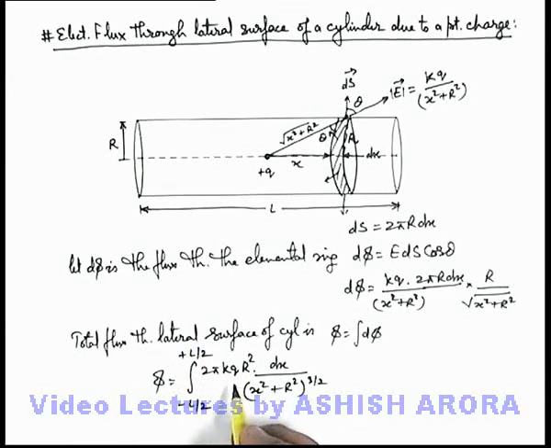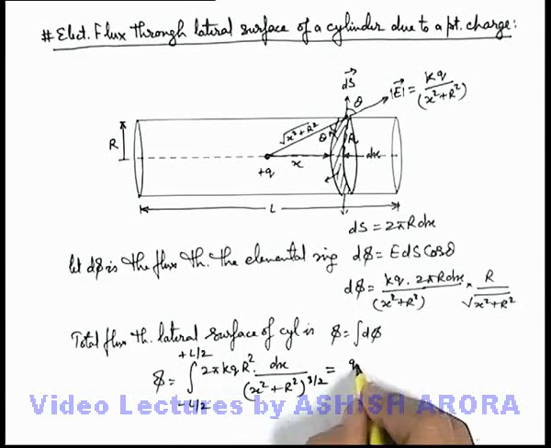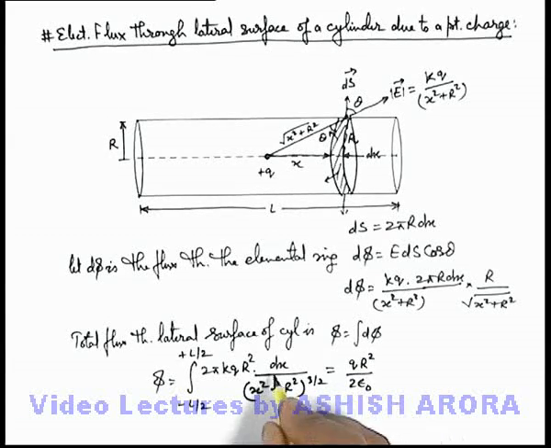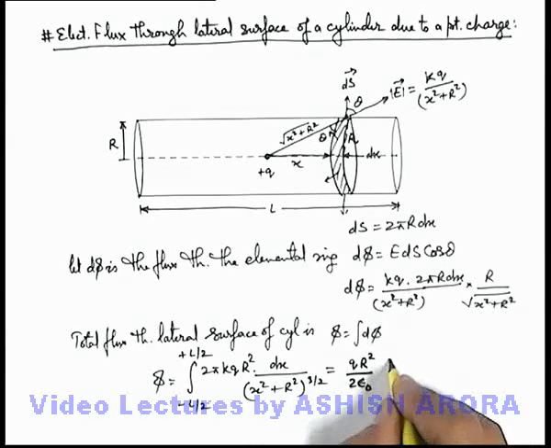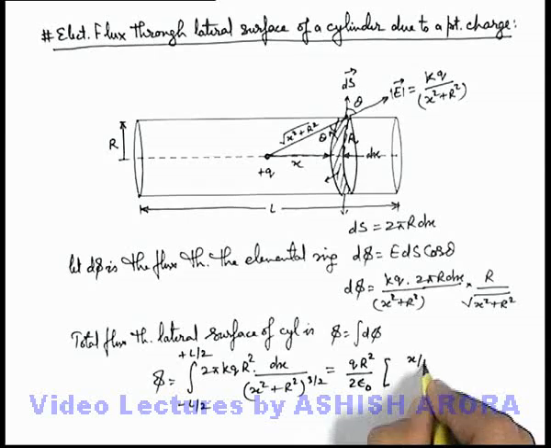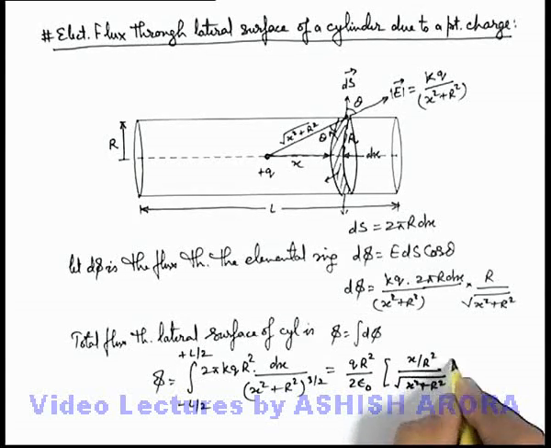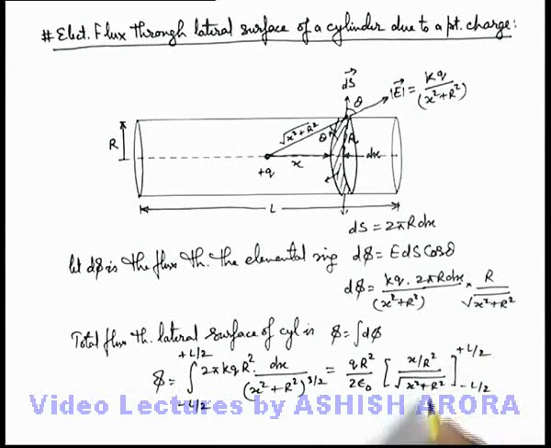And if we just execute the integration, this is a standard result. We can write k as 1 by 4 pi epsilon naught, where pi and this 2 get cancelled out. So this will be qr square by 2 epsilon naught, and the integration of dx by x square plus r square to the power 3 by 2 will give us x by r square root of x square plus r square, and we substitute the limits from minus L by 2 to plus L by 2.